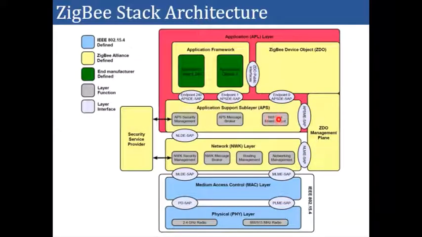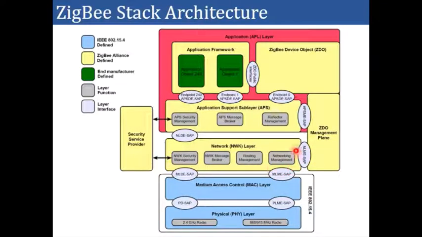You will also need the application support sublayer management entity service access point, which is integrated with the ZDO management plane. That means the Zigbee device object management capabilities will be accessed through this service access point. Similarly, the network layer will utilize the network layer management entity service access point.